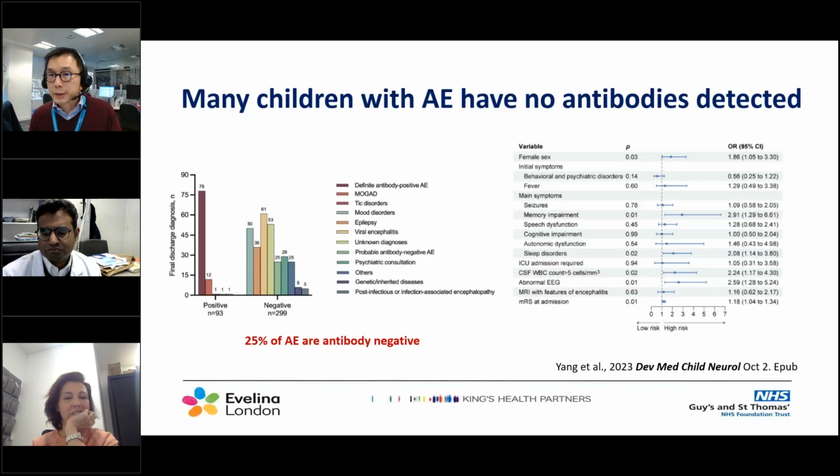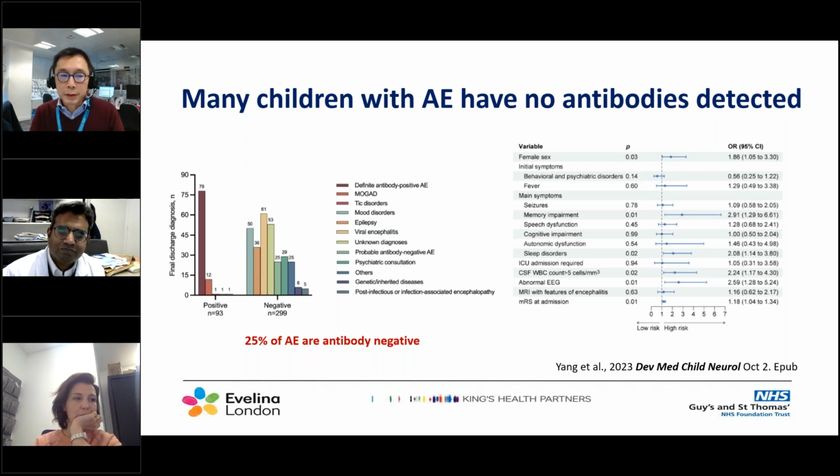And I'd like to draw your attention to this cohort recently published in DevMed, a Chinese cohort of about 300 odd patients, so a big size, and they looked at all patients suspected of autoimmune encephalitis and then carefully dissected them out to the definite antibody positive, and as you can see there, it's about 30%, and of all the AEs, the probable antibody negative is 29 cases, so that's another 30% of the 120 patients there that they have of autoimmune encephalitis fulfilling Childhood criteria.